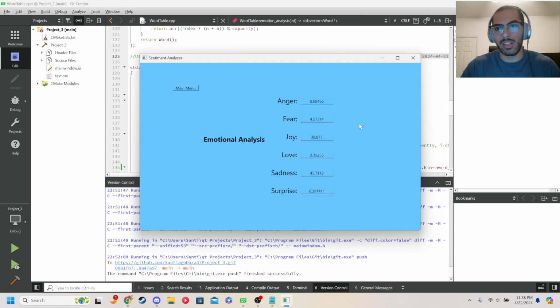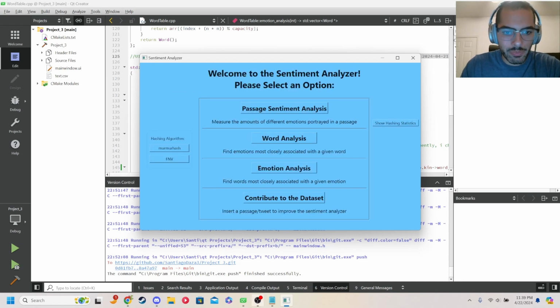So, for example, the word love could involve heartbreak, so be sad, but also joy because it's joyful, or love because it's directly related to love. So there is a bit of overlap between them, but as you can see here, sadness is the prevailing emotion in that last passage analyzed.